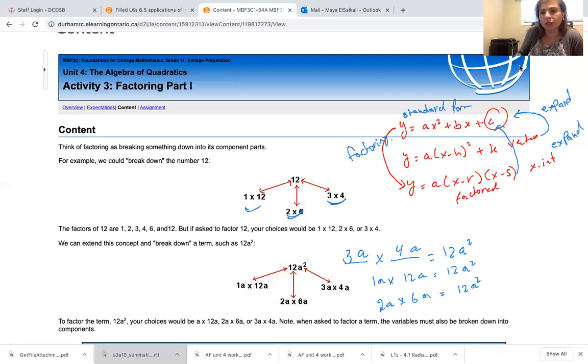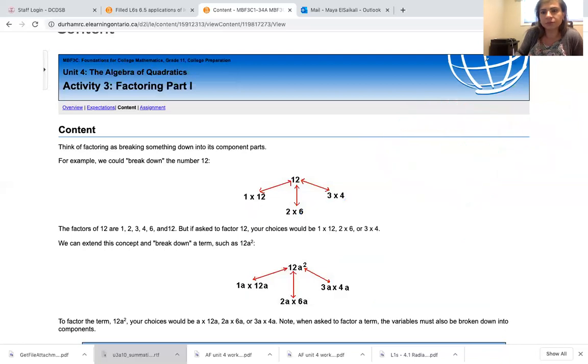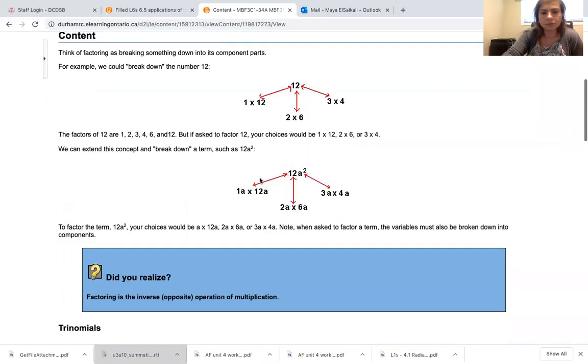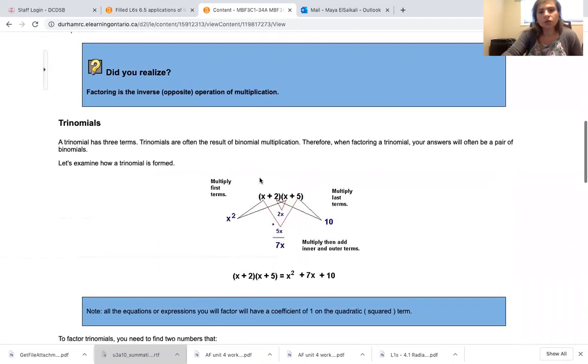Let's see, why do we need to know all of this? Let's recall some of the terminology that we're going to be using. The first term is trinomial.